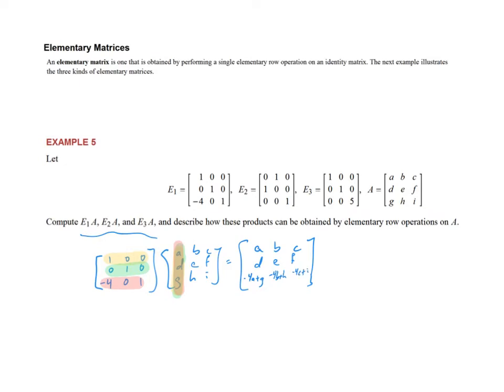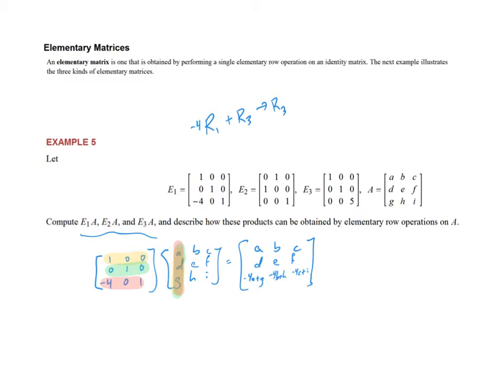Okay? And so what we're showing in this example is that, previously, we've been writing negative 4 times row 1, add row 3, store the result in row 3. Okay, that's how we write our row operations.